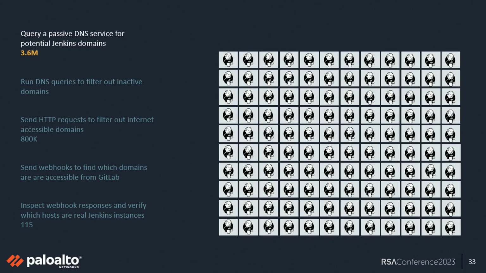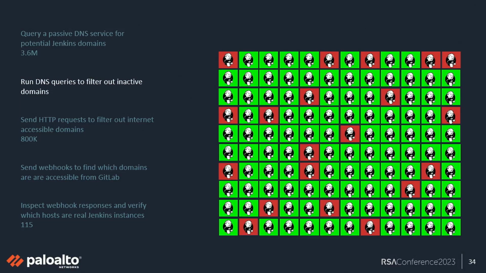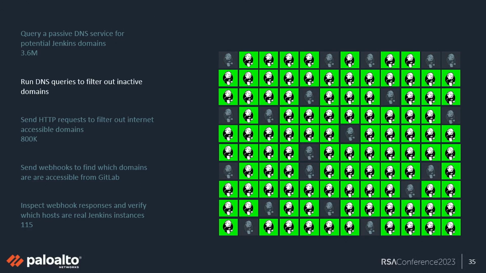They have much more domains that contain the name Jenkins, but we started with this data set, and we started analyzing it. So first thing we did is we wanted to make sure that the domains actually resolve to an IP address, so we sent DNS requests to all of them, and we filtered out all the ones that don't respond. After that, we wanted to get all the domains that have internet access.